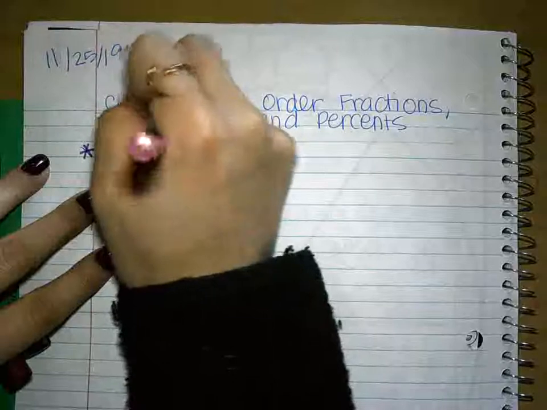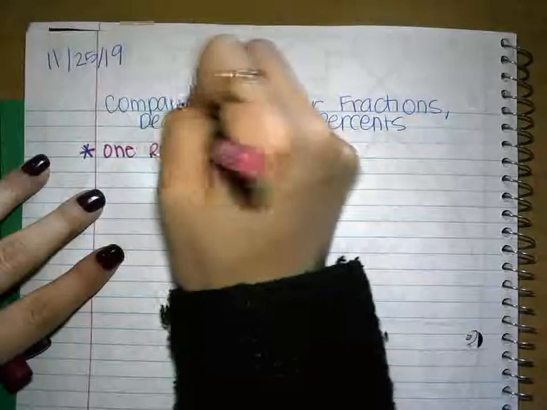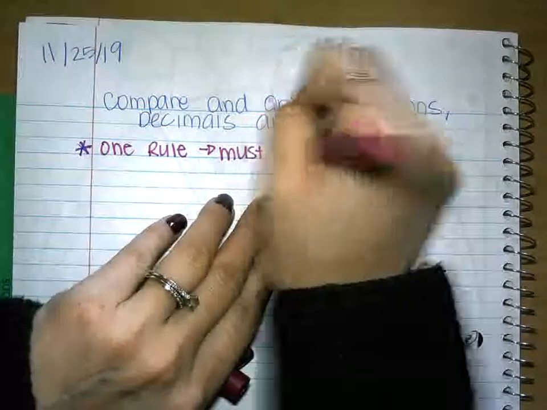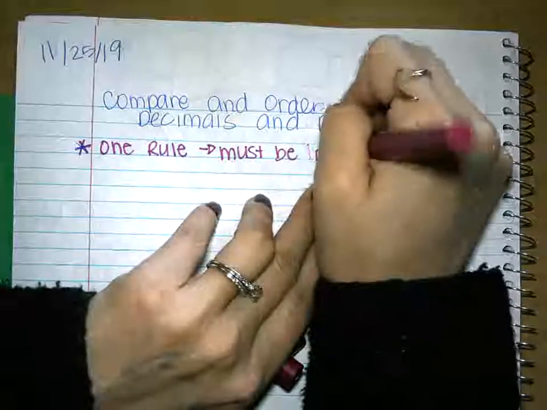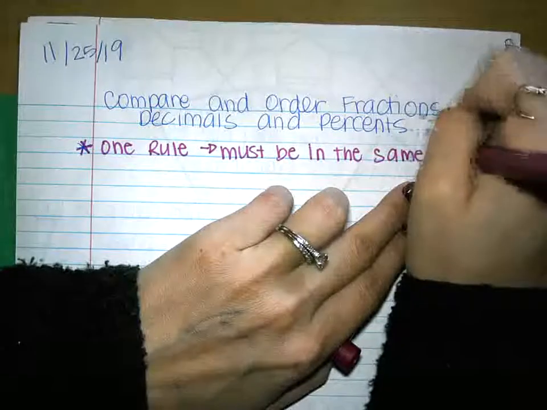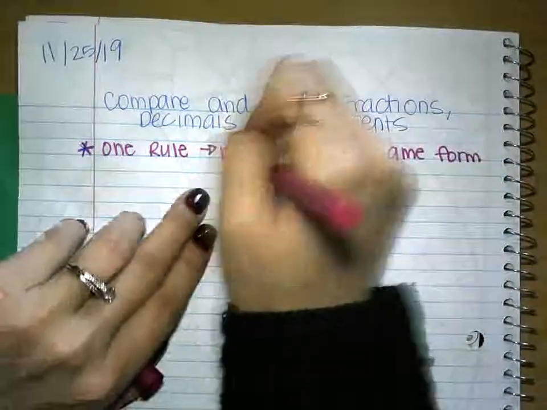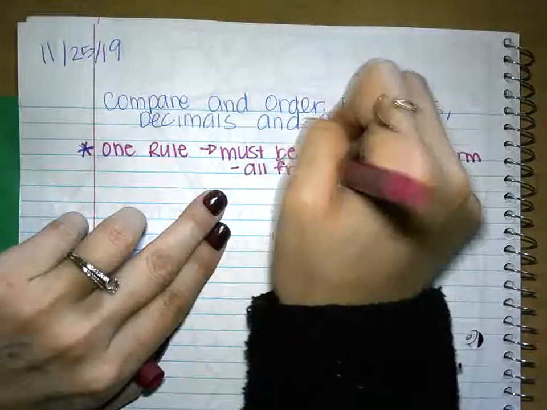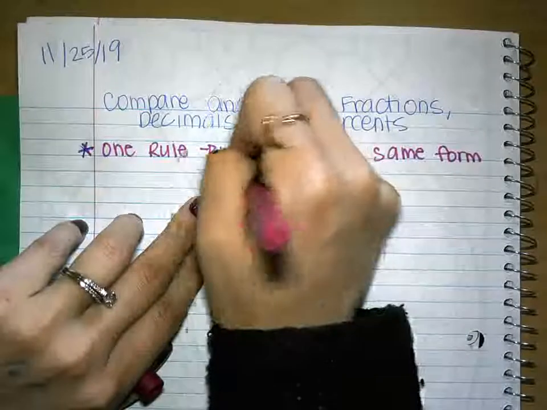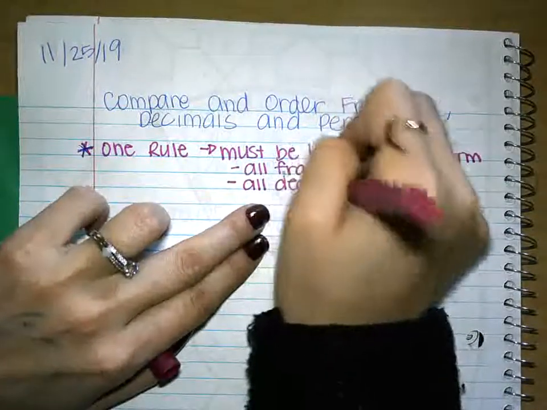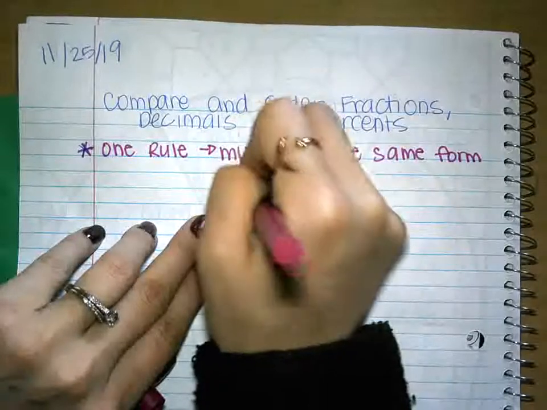One rule: must be in the same form. All fractions, all decimals, or all percents.